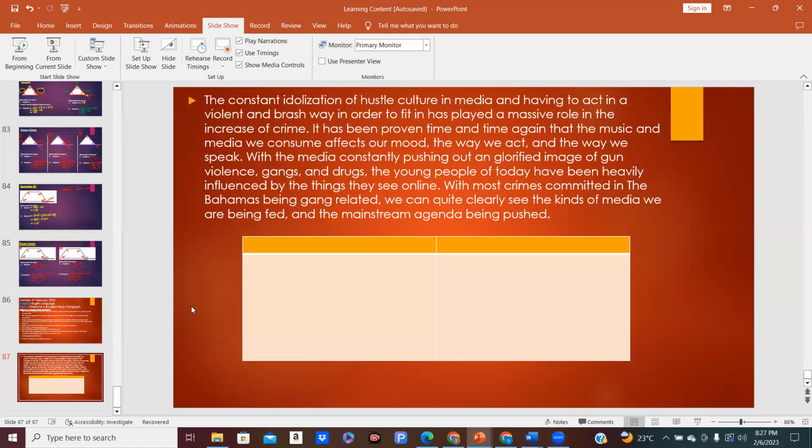With the media constantly pushing out a glorified image of guns and drugs, the young people of today have been heavily influenced by the things they see online, with most crimes committed in the Bahamas being gang related.